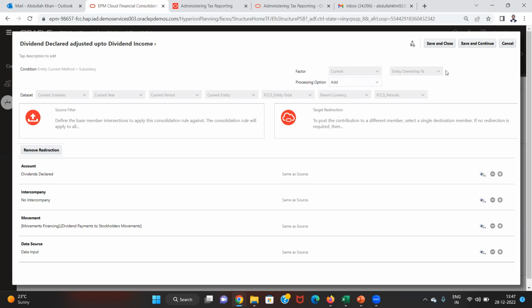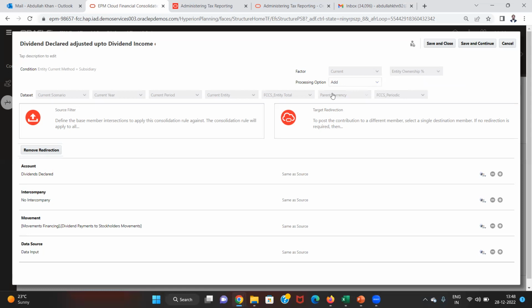So if we assume 5,000 is declared as dividend, 80% of 5,000, which is 4,000, should be adjusted from dividend declared when we run the consolidation. Under C600, we should get a dividend declared amount of 4,000 rolled up when we run this rule. So we have taken the factor of entity ownership percentage, which will roll up the 80% of 5,000.